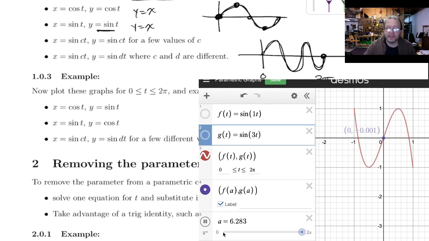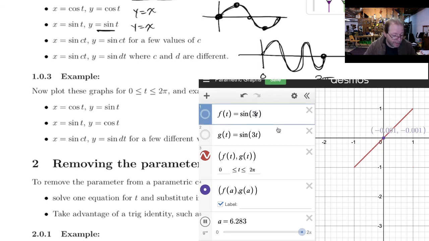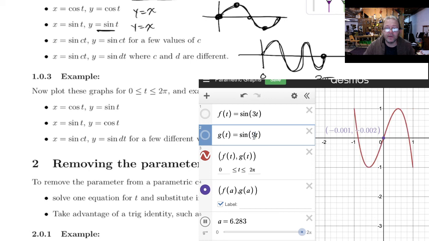The difference is, with this, when t, or a in this case, goes from 0 to 2 pi, it starts in the middle, goes to one end, goes to the back, and then stops in the middle. If I change this to 3 and 9, it's going to do the same thing, but it's going to make 3 trips.